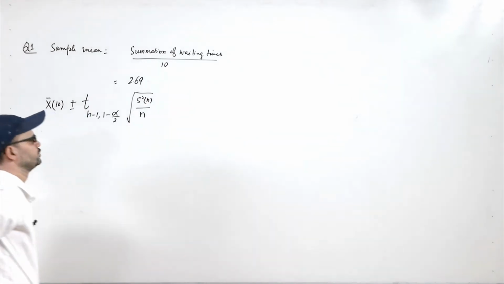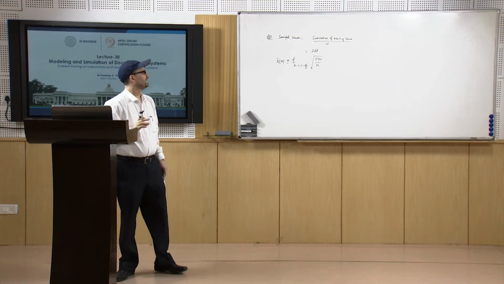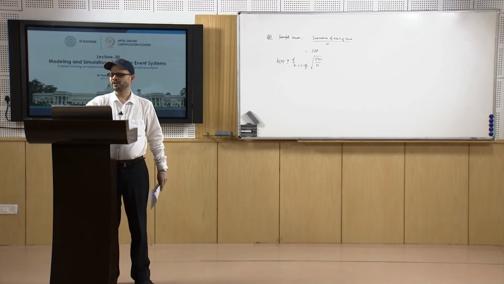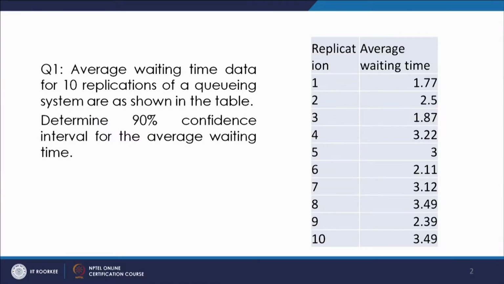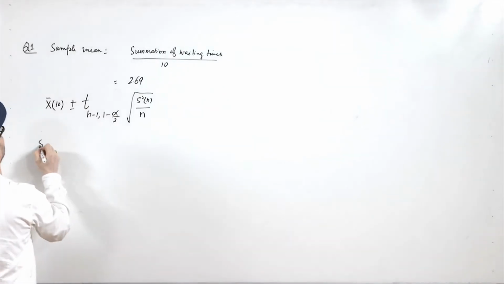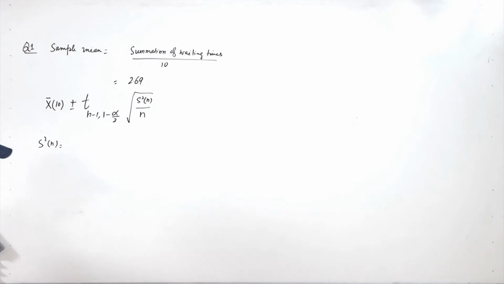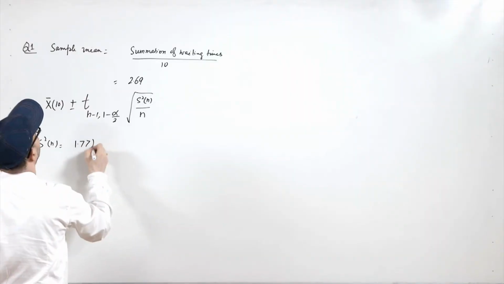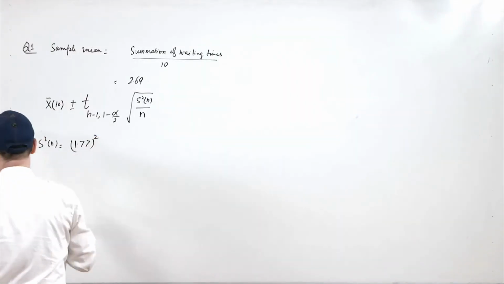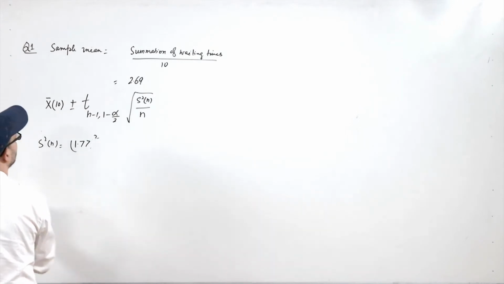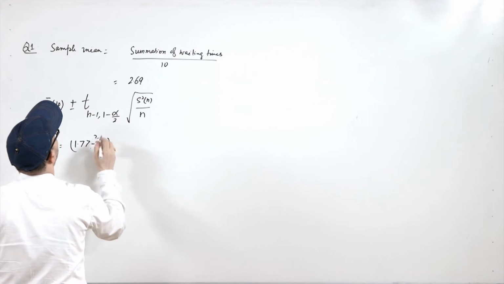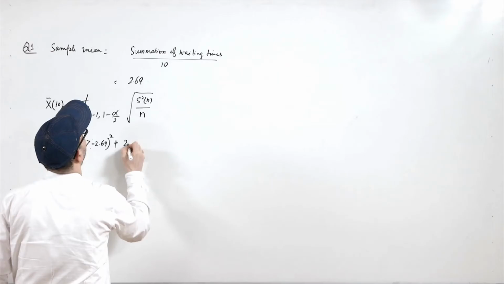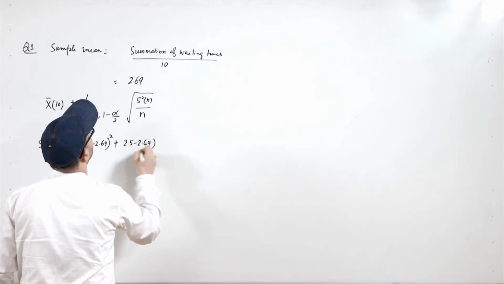The mean is 2.69. The first entry is 1.77, so it will be 1.77 minus the mean, that is minus 2.69, squared, plus the second value, 2.5 minus 2.69, squared.